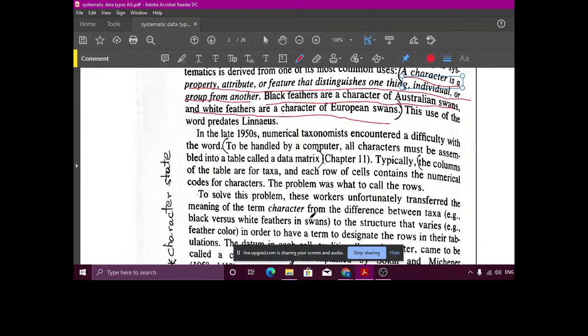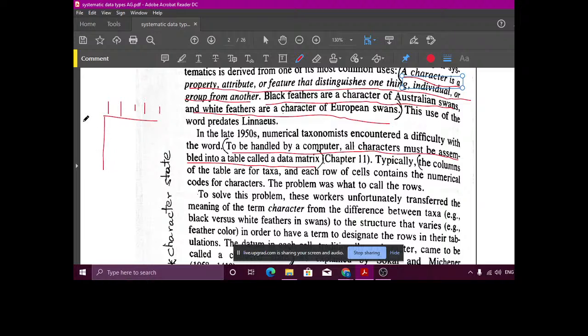Now in the 1950s, computers started coming up, and to be handled by the computer, all these characters must be assembled into a table known as a data matrix. A table was made, where characters 1, 2, 3, 4 were written.